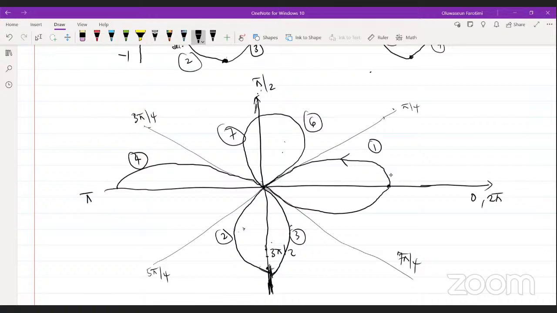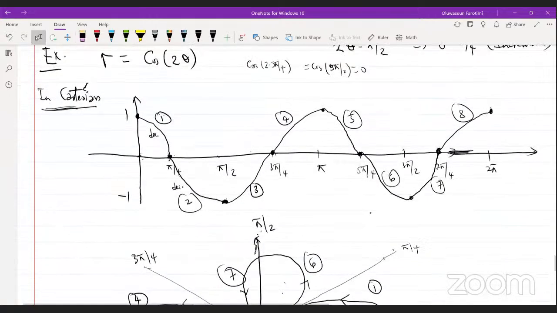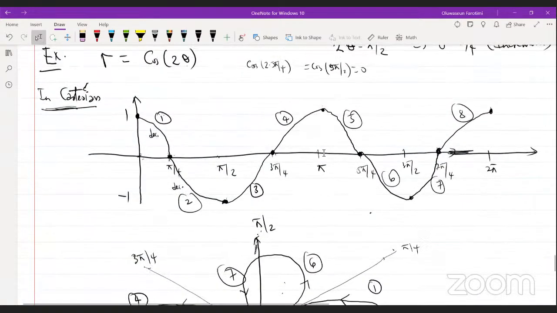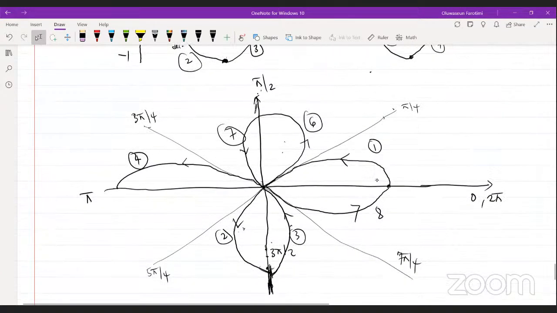Okay, so what are the arrows? This is 8. Let's go to number 2. This arrow points down. This guy will go up. Oh, I think I'm missing one part. What happened between pi and 5 pi over 4, guys? We missed that, okay? Between pi and 5 pi over 4, decreasing.